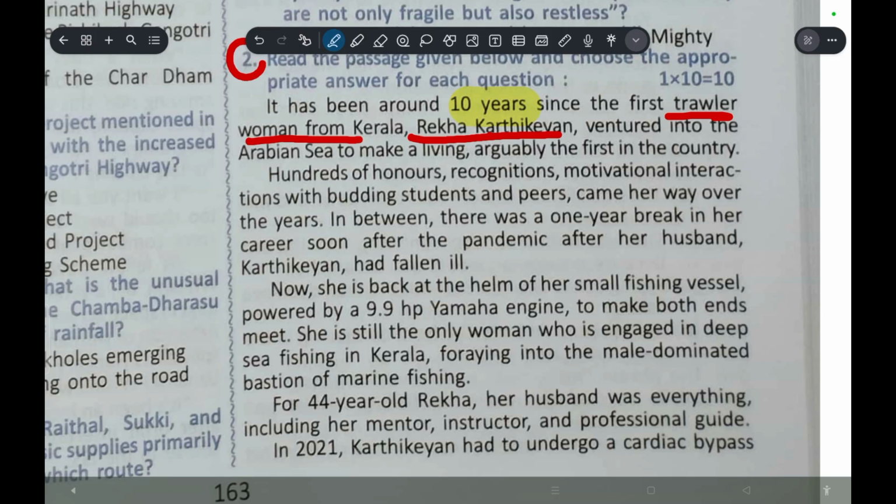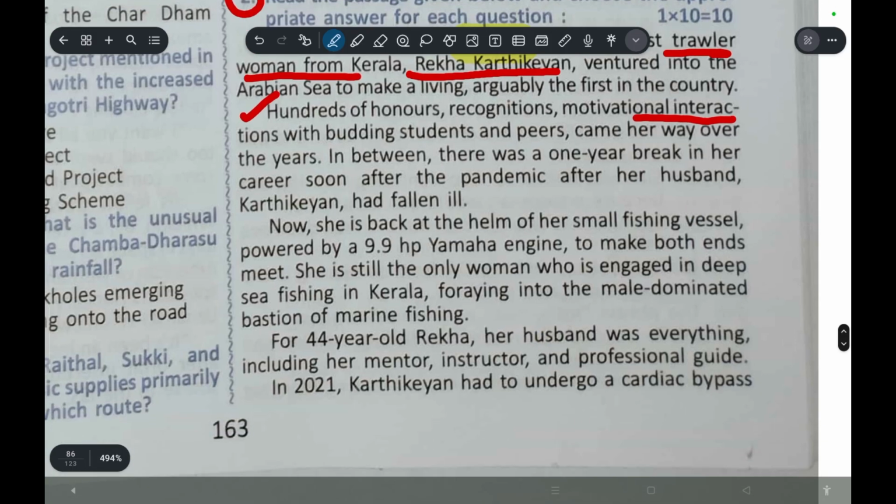Hundreds of honors, recognitions, motivational interactions with budding students and peers came her way over the years. In between, there was a 1 year break in her career soon after the pandemic, after her husband Karthikeyan had fallen ill.